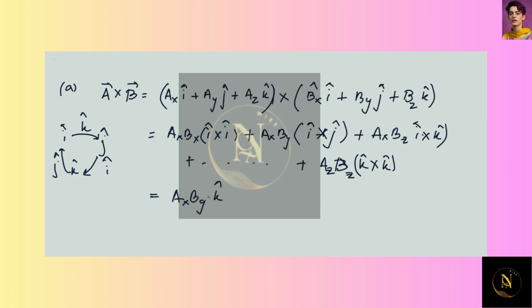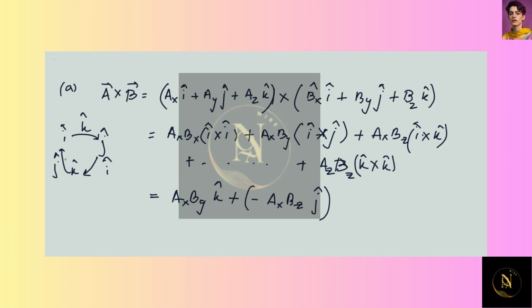AXBY k cap, which comes from here, plus minus of AXBZ j cap, which comes from this term, which is i cap cross k cap is minus j cap.